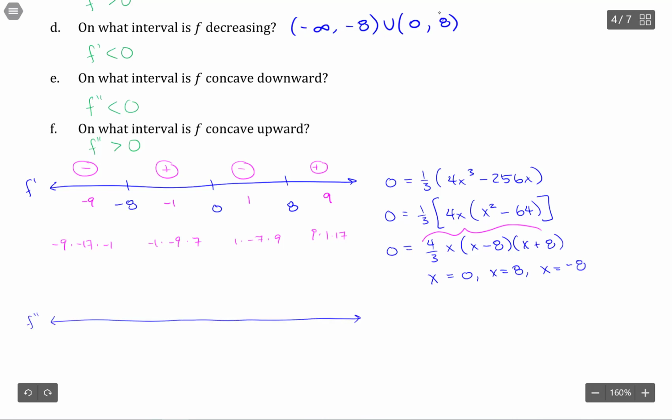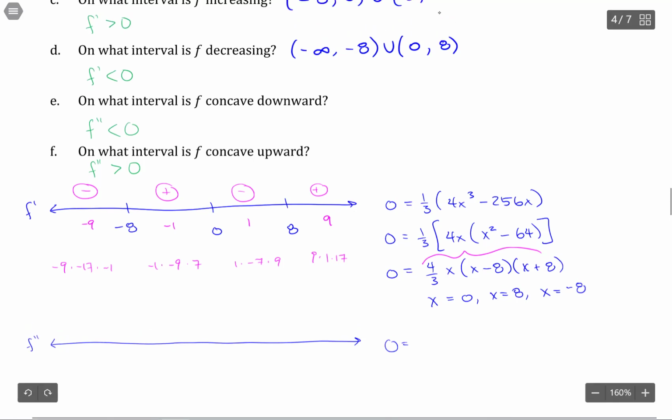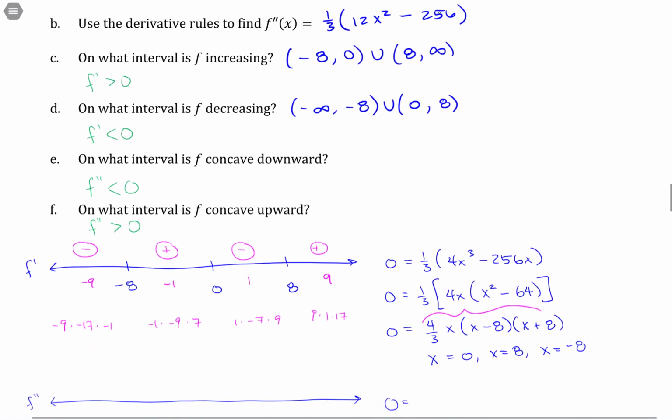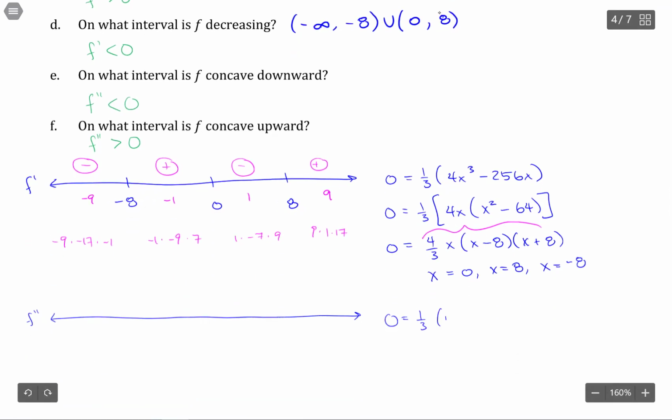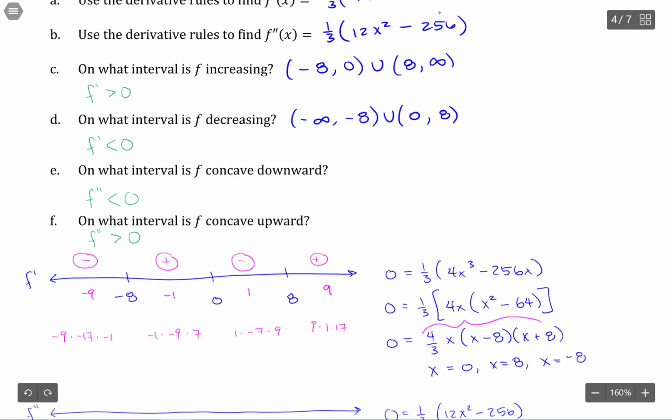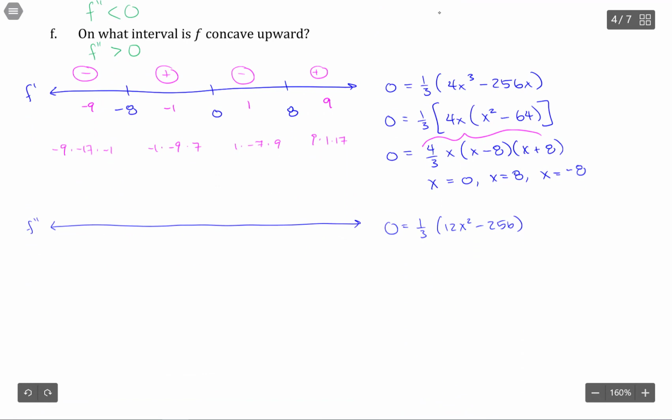We just have to find the zeros of the second derivative and check intervals where the second derivative is larger than 0 or smaller than 0. So let's see, we had 1/3 times 12x squared minus 256. Double check that. Okay.